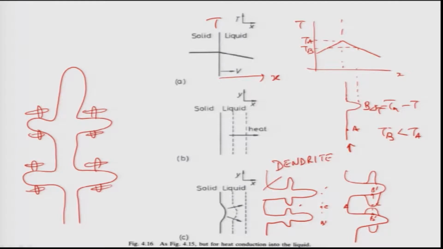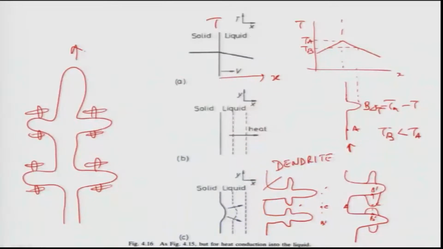Obviously we are discussing a pure metal, so the only thing which is important here is the transport of heat, because there is no alloy, there is no solute. So, it is very clear that the growth of the solid forming because of the solidification of a pure metal will be dictated by the type of temperature gradient which develops in the liquid.